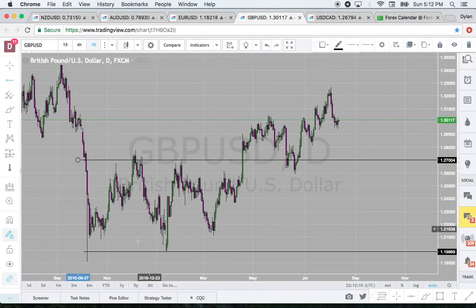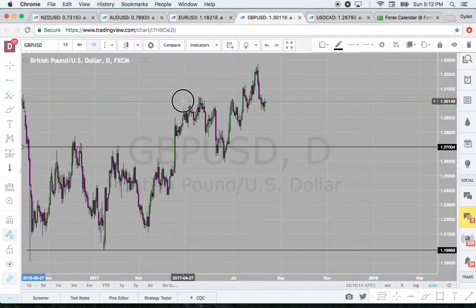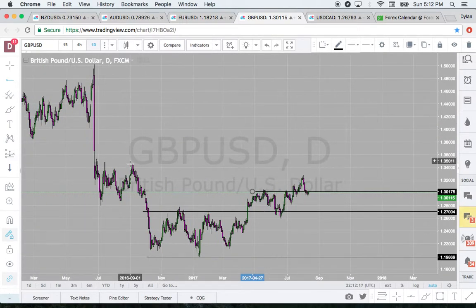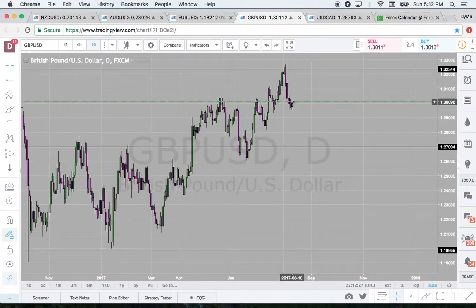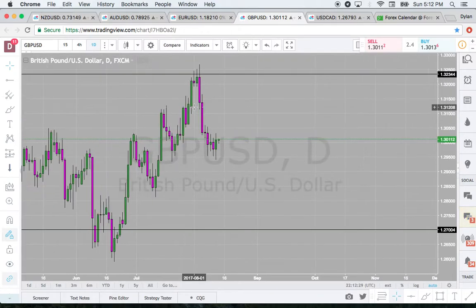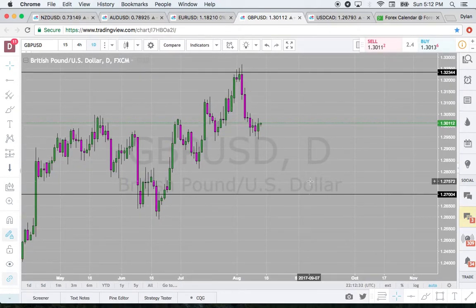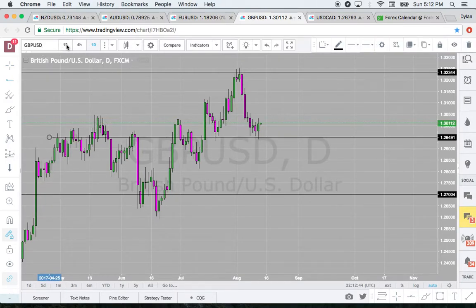Now it broke out of this range and then created a new range here, and it now is consolidating in that range or in that zone. Right now we can see price respecting the 1.295 area. So that's definitely a respected area.